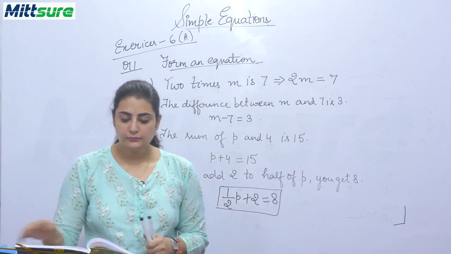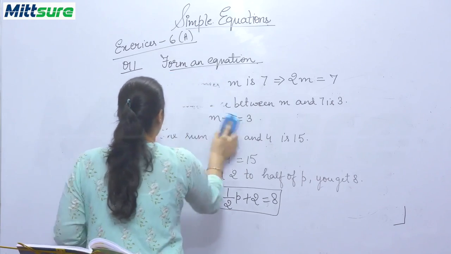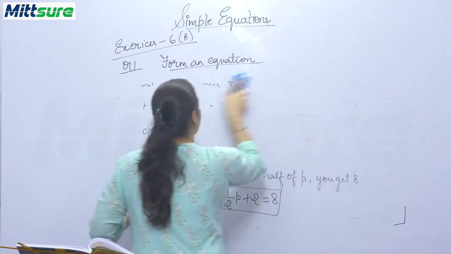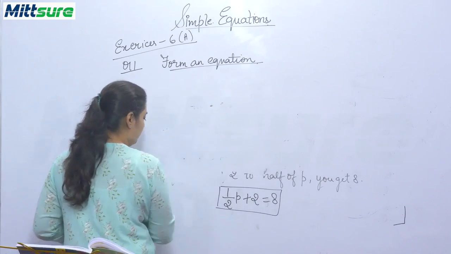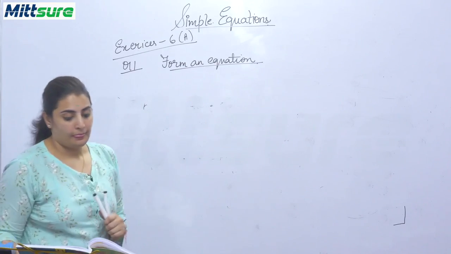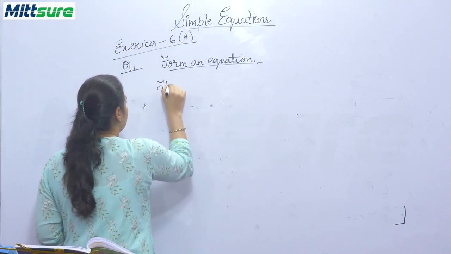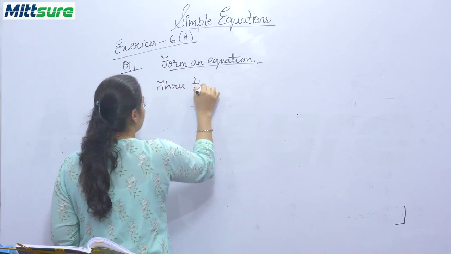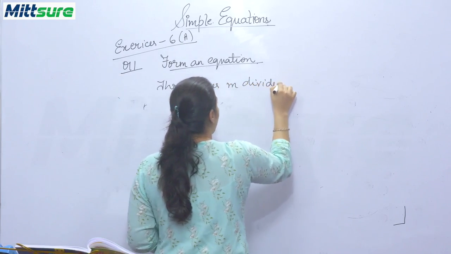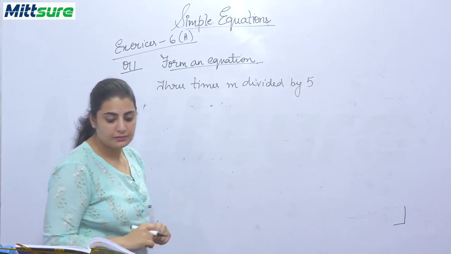Now the next question: 3 times m divided by 5 gives 6.